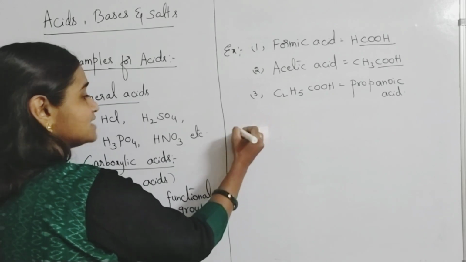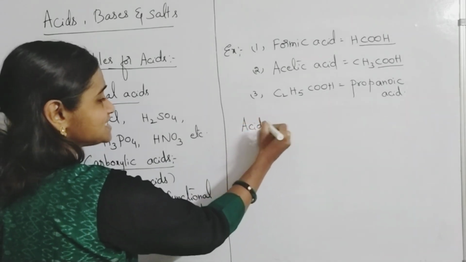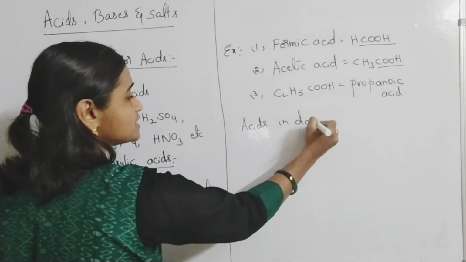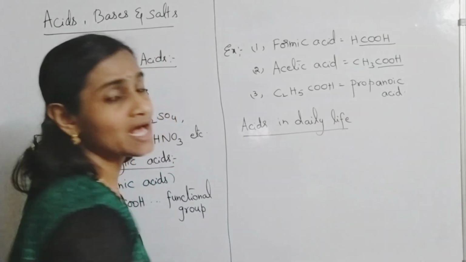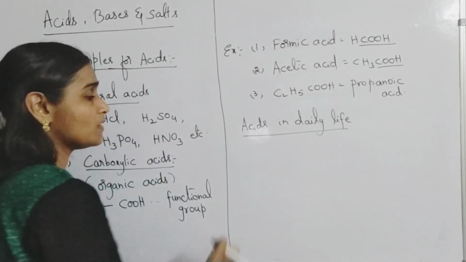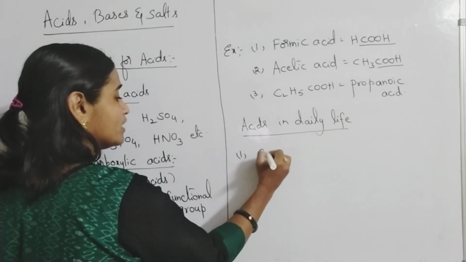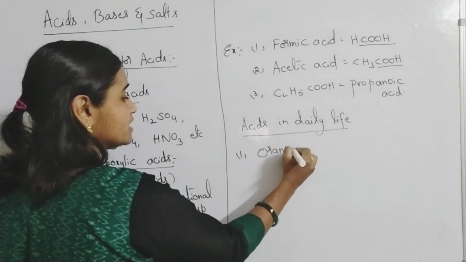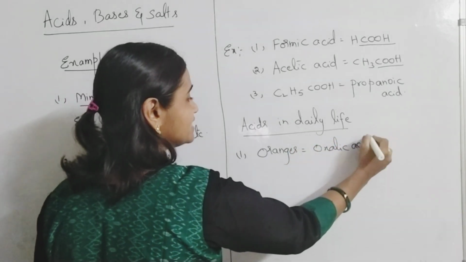Now, acids in daily life. Some of the acids we observe even in fruits as well as in vegetables. Like in oranges, you have oxalic acid.